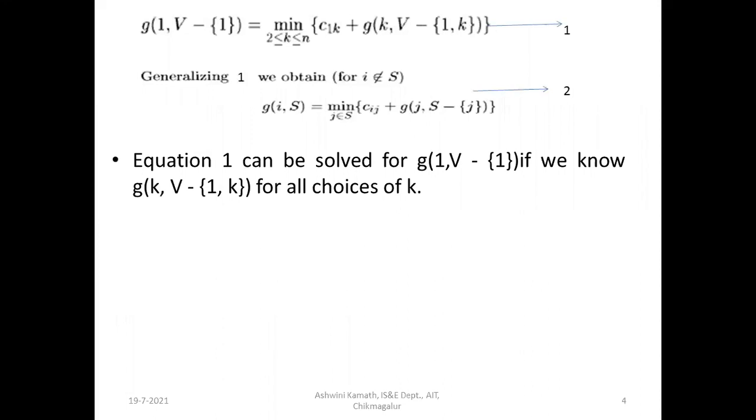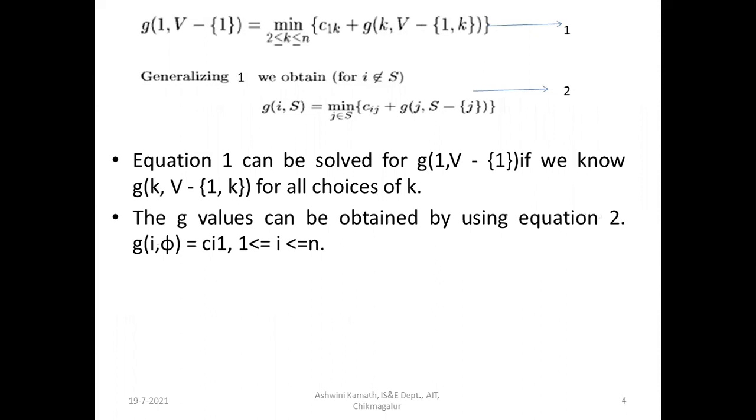Equation 1 can be solved for G of 1 comma V minus 1 if we know G of k comma V minus 1 minus k for all the choices of k. The G values can be obtained by using equation 2, and here G of I comma empty set will represent from I to vertex 1.